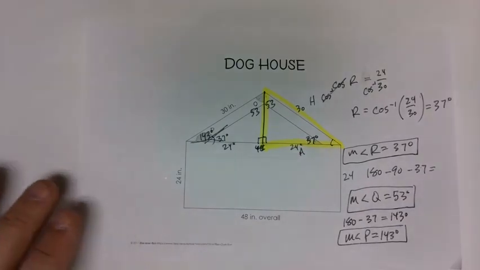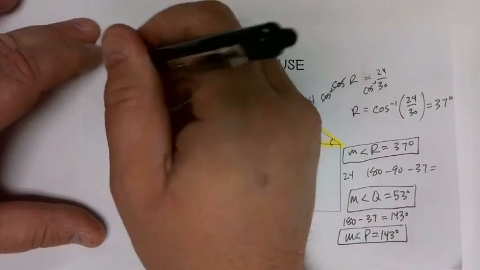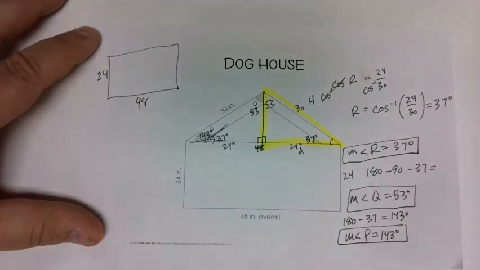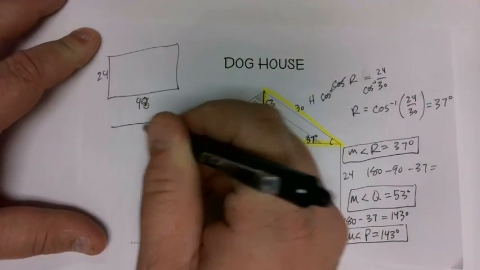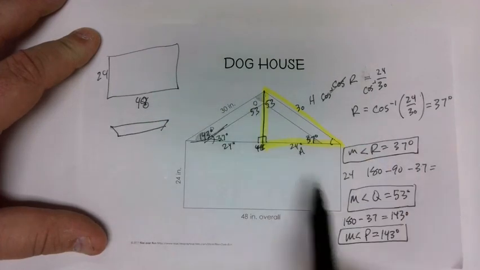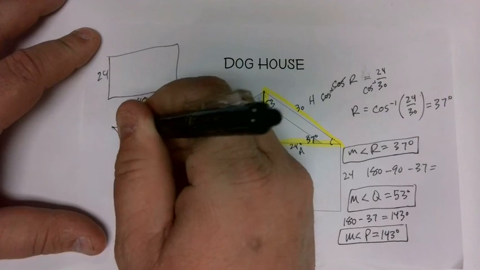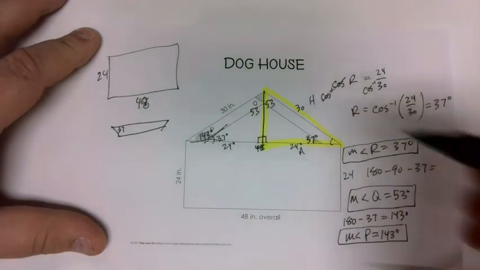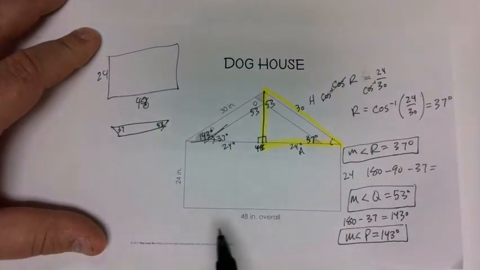So if I had my cut list, I would make a panel and it's 24 by 48. That might be it. I like to draw little pictures on my cut list, and then I'd say, you know what, I need 2 boards like that, and they need a 37-degree angle right there, and a 53-degree angle up there.